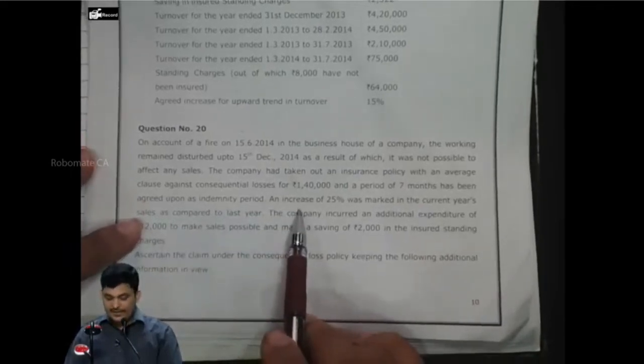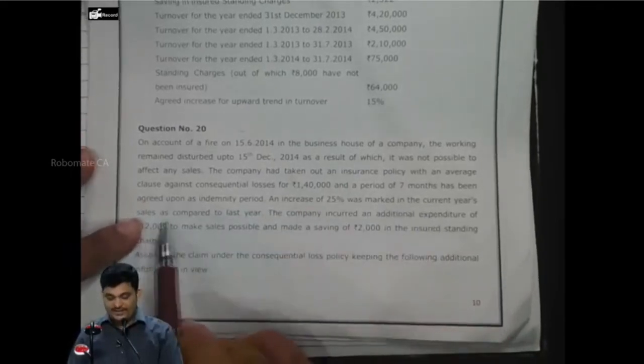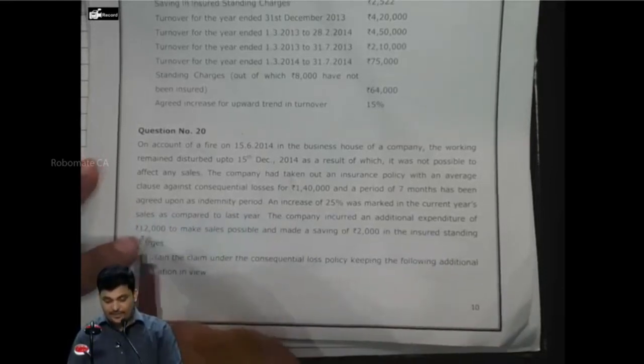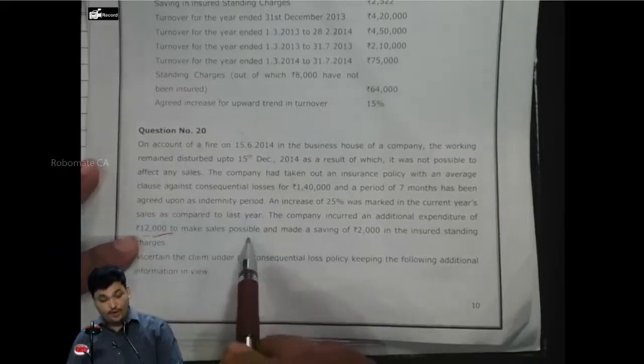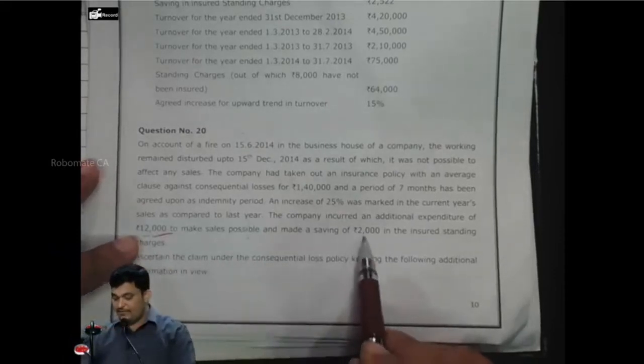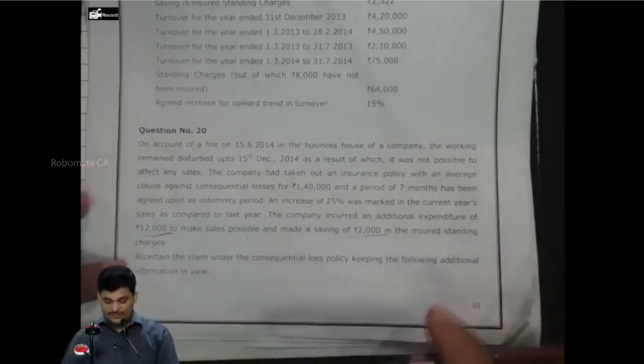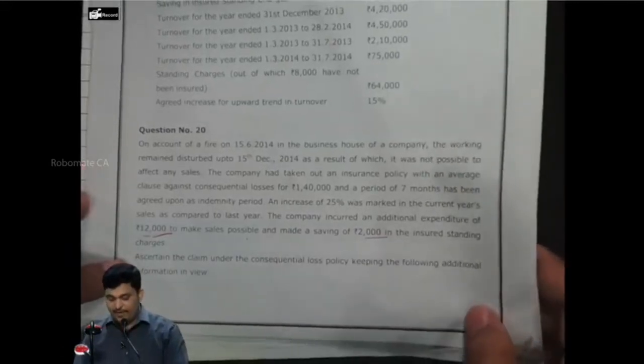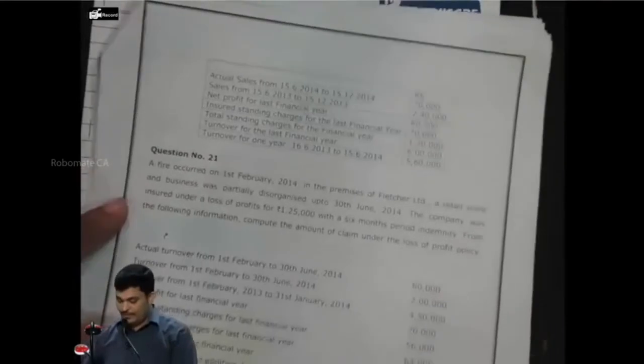An increase of 25% was marked in the current year sales as compared to last year. The company incurred an additional expenditure of rupees 12,000 to make sales possible and made a saving of rupees 2,000 in the insured standing charges. Ascertain the claim under the consequential loss policy, keeping the following additional information in view.